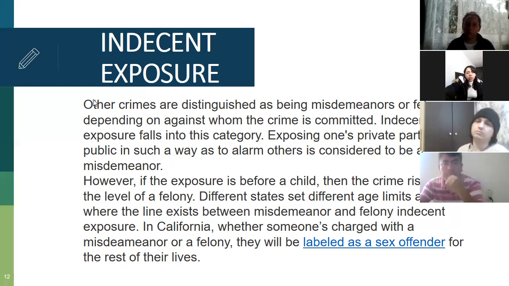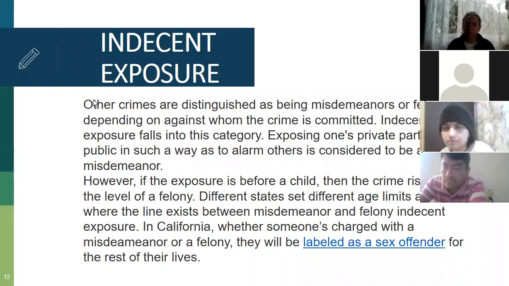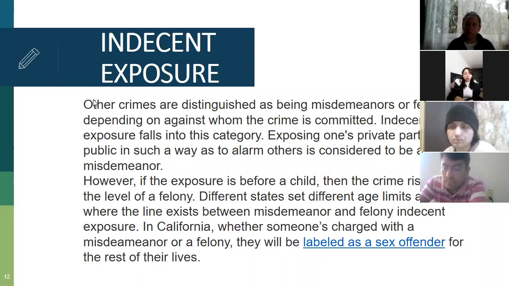However, if the exposure is before a child, then the crime rises to the level of a felony. Different states set different age limits as to where the line exists between misdemeanor and felony indecent exposure. In California, whether someone is charged with a misdemeanor or a felony, they will be labeled as a sex offender for the rest of their lives.